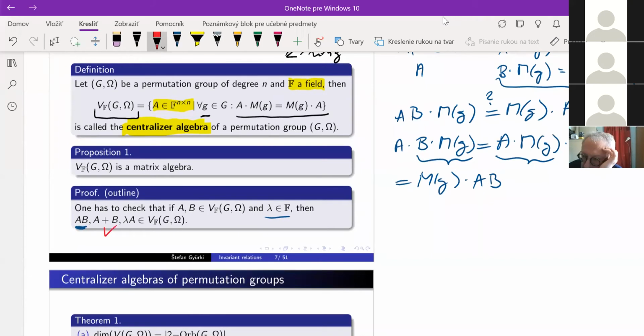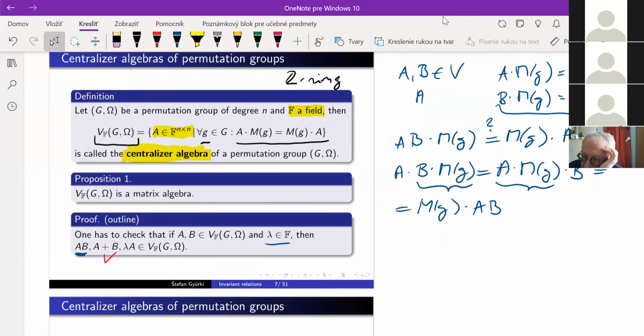Similarly, it is easy to check that the sum of two matrices from the centralizer algebra is also from the centralizer algebra, and also a scalar multiple of any matrix belongs to it.